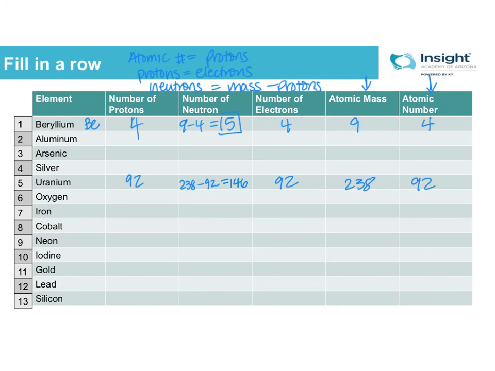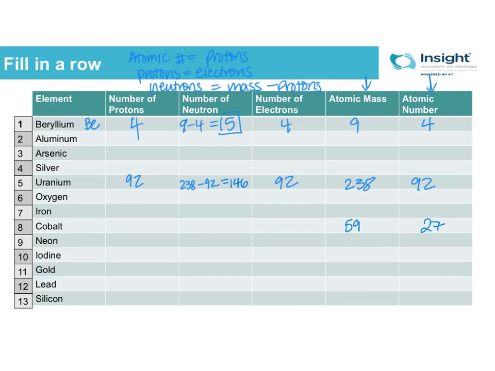This makes total sense. Pause here, but if you want to see a few more examples, I'm going to try cobalt and gold. So cobalt, Co, has an atomic number of 27 and a mass of 58.93, so I'm rounding that to 59.